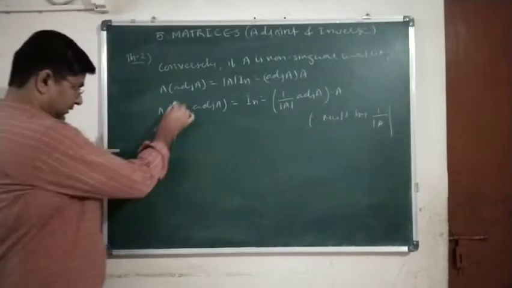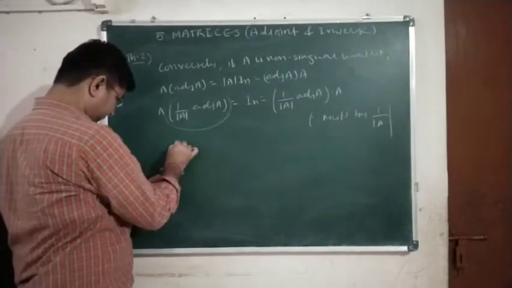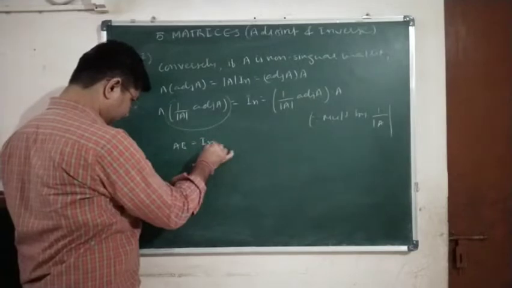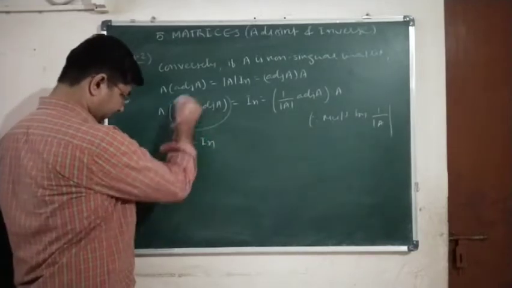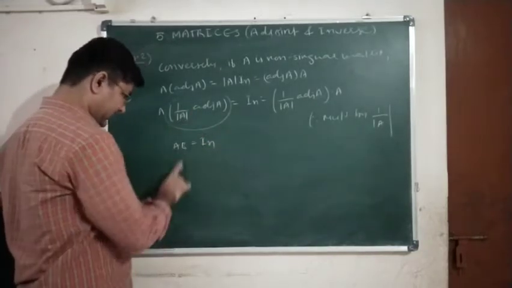So for this we can put B, therefore A into B is equal to I_n. Or in other words this becomes the inverse. Yes or no?